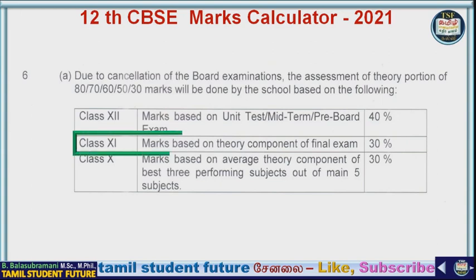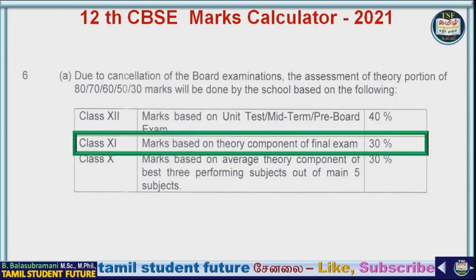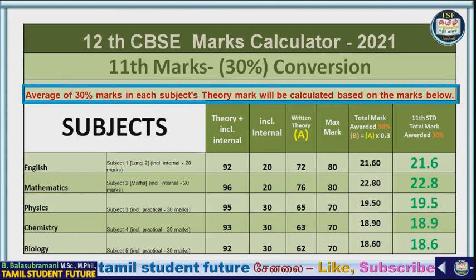Now we discuss the 11th mark, based on the theory component of the final exam, 30% in each subject. The 11th theory exam marks: English 72, Maths 76, Physics 65, Chemistry 63, Biology 62.